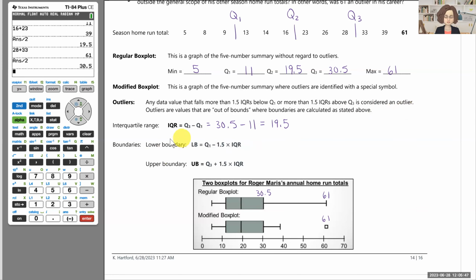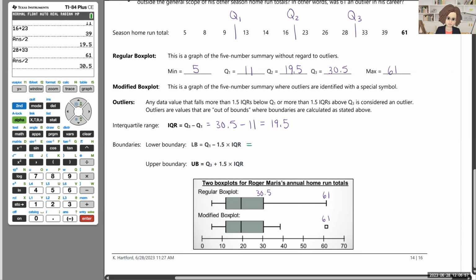So what we'll do is we'll create some boundaries, and any values that are outside of our boundaries will be our outliers. So I'm going to switch color here so you know that these aren't data values that we're talking about. They're just these things called the boundaries to help us identify potential outliers.